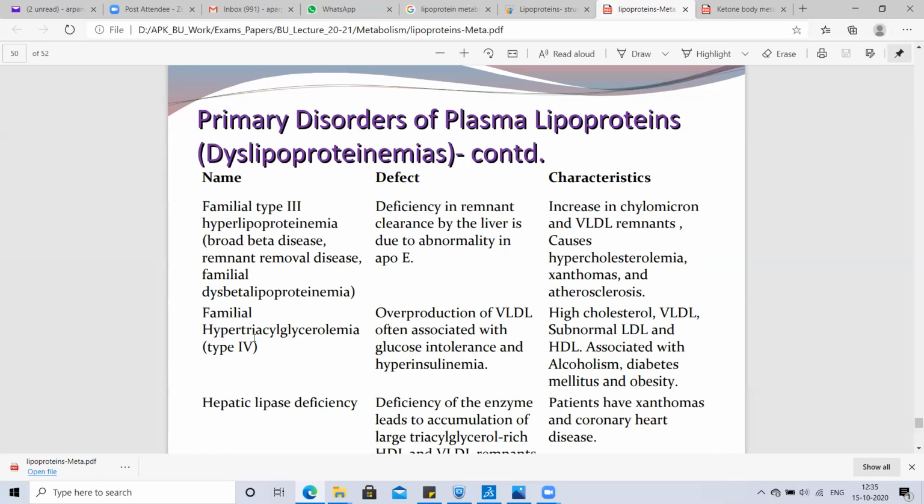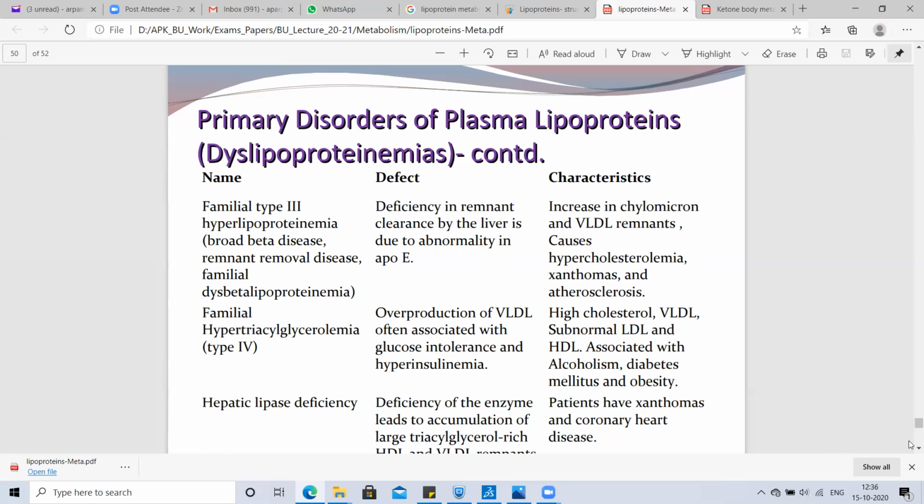In type 4 familial hypertriacylglycerolemia, overproduction of VLDL occurs, which is often associated with glucose intolerance and hyperinsulinemia. If VLDL is overproduced, then the level of cholesterol ultimately goes high. VLDL, LDL, and HDL levels become abnormal, and it is associated with alcoholism, diabetes mellitus, and obesity.